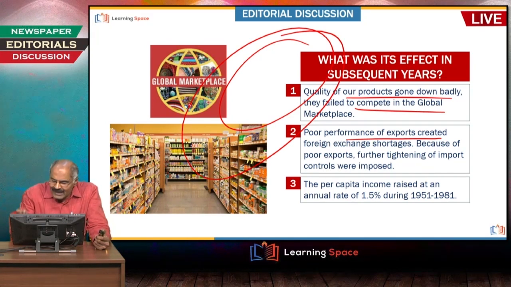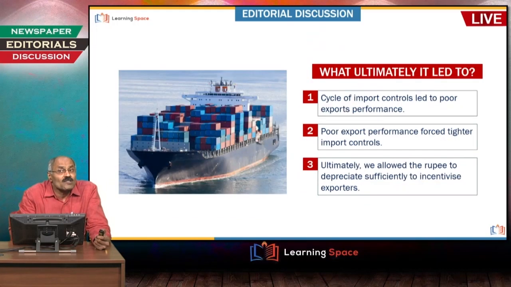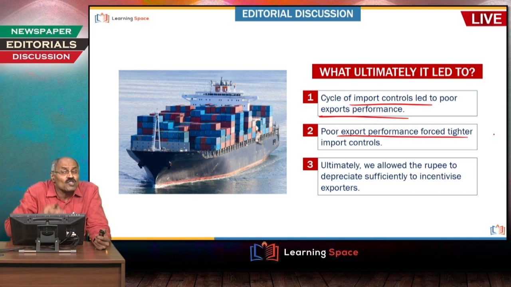You see, from 1951 to 1981, the per capita income rose at an annual rate of just 1.5%. So what did it ultimately lead to? The cycle of import controls led to poor export performance. So imports were controlled, then it led to poor export performance, then poor export performance forced further import controls.